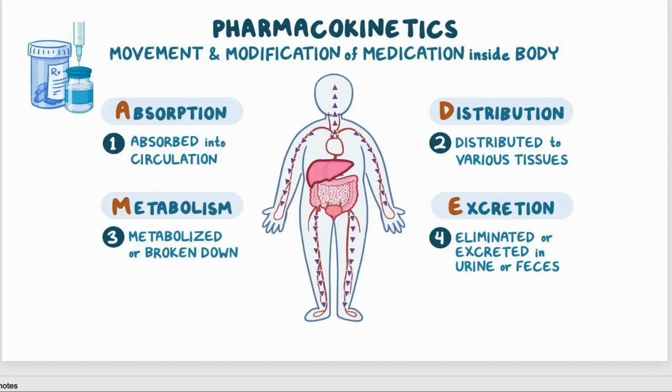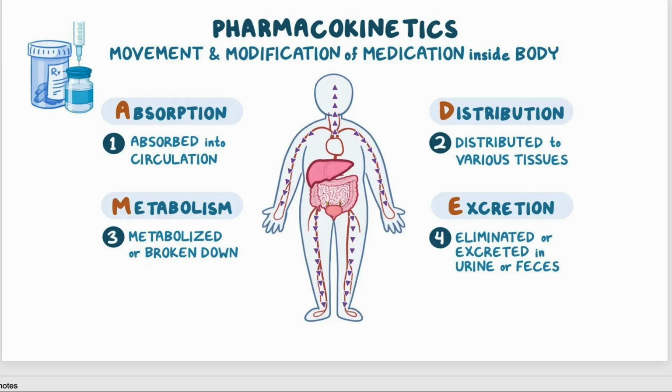So, absorption into circulation, that we discussed. There are various ways in which this absorption happens, depending on how the drug is administered. First, a drug requires a method of entry, often known as the route of administration.